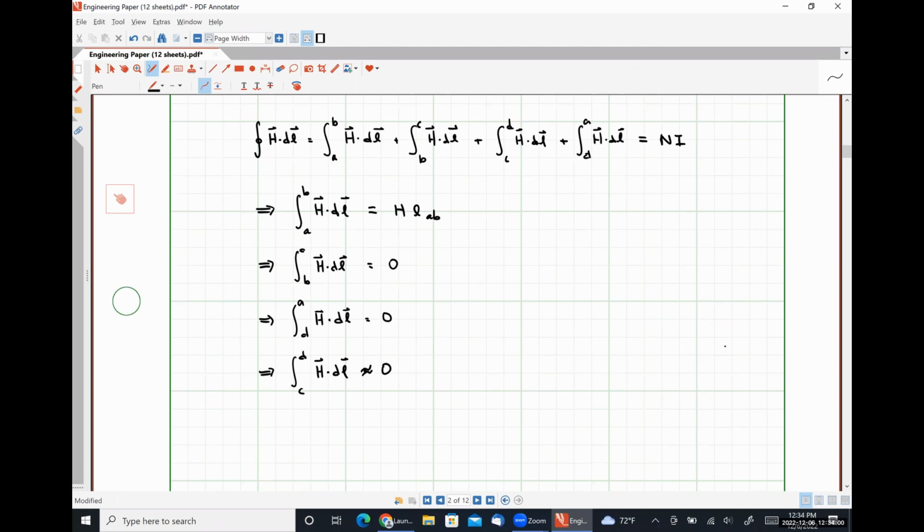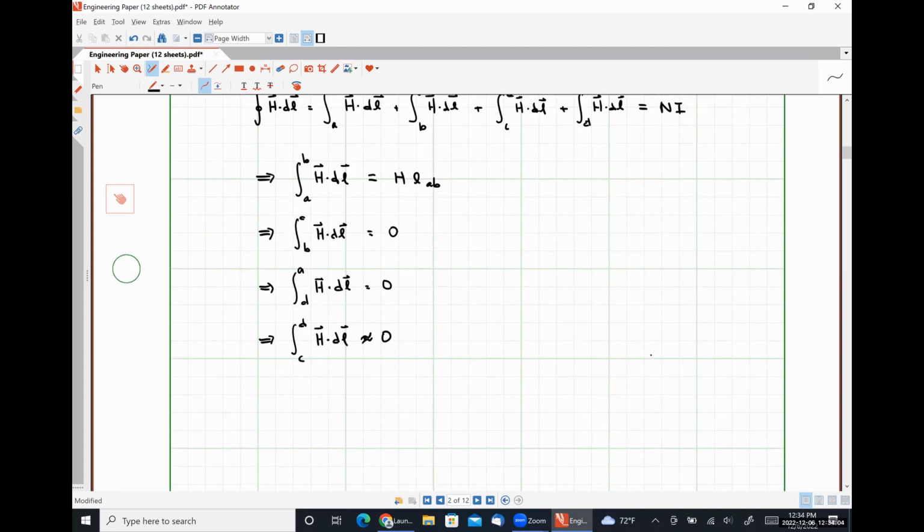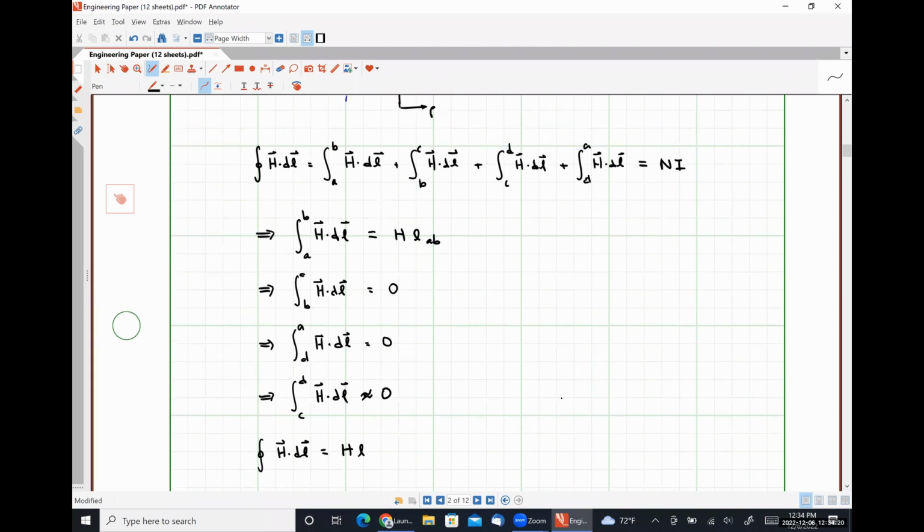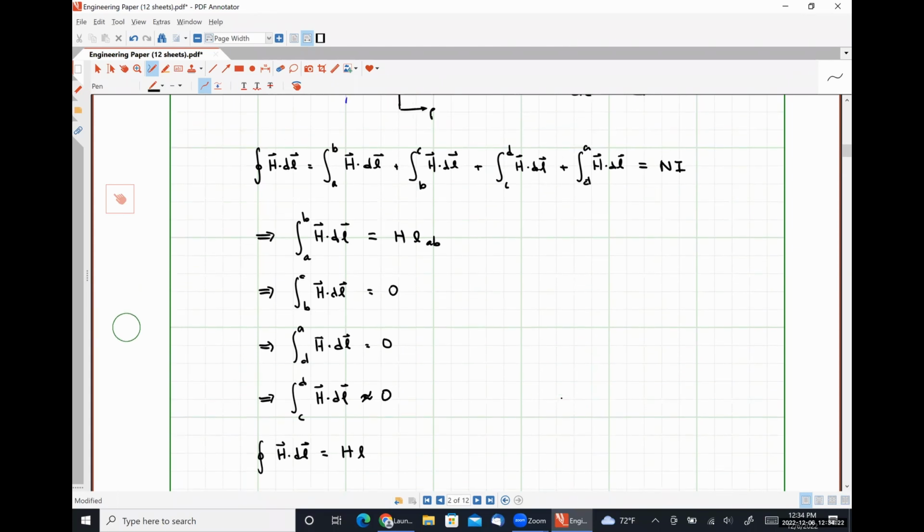So if I add all of these results together, what I find is that the line integral of H dot dl around my closed contour is simply H times L, the length of the solenoid, which depends on how long I choose to make my contour, right? So if I cover up some portion of the number of turns, it's got a particular length.